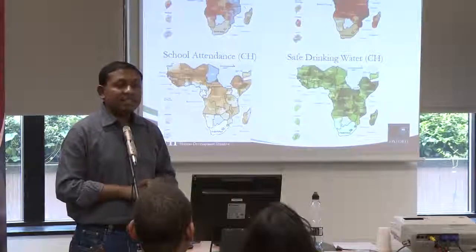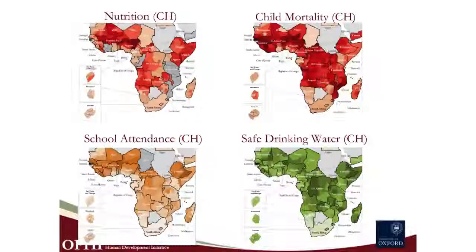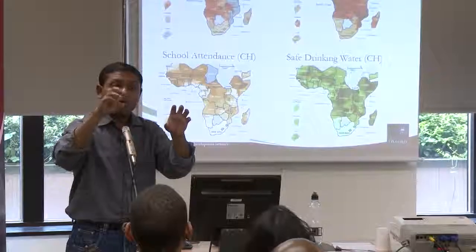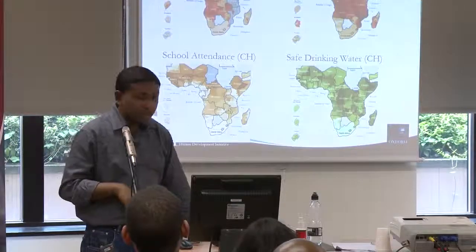Then you can present different maps across these different censored headcount ratios, and different regions do not necessarily rank equally. So when you compare these maps side by side, it is possible to point out graphically which regions are suffering more on which particular indicators.